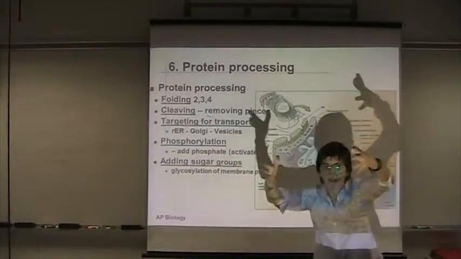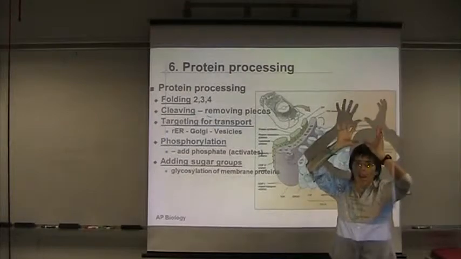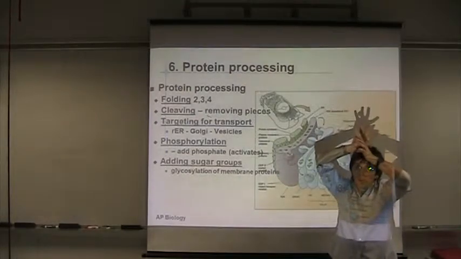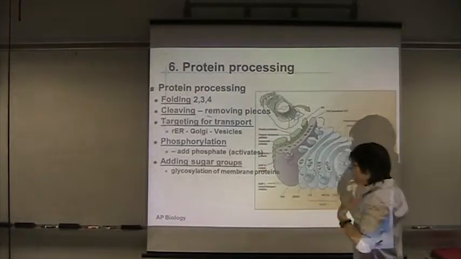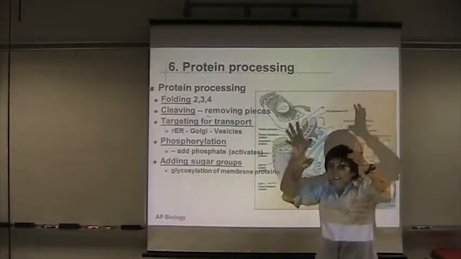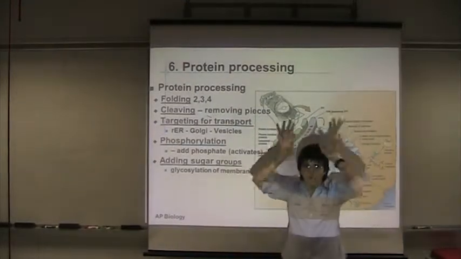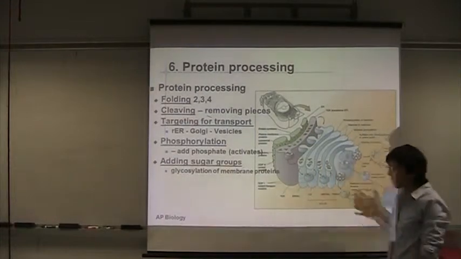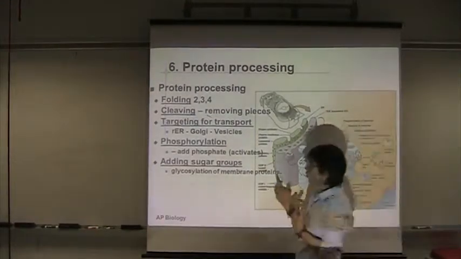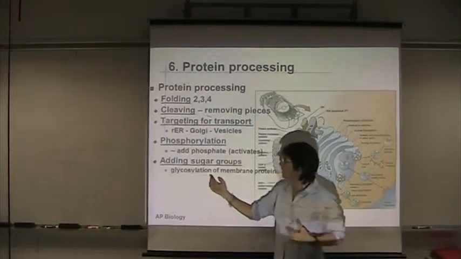Just like for the blood types, the different groups A and B are different carbohydrate molecules attached to the membrane of those red blood cells. So these identity markers are basically sugar groups that need to be attached to your protein, and those are attached right here in the Golgi. So that is called glycosylation. I love that name, glycosylation.